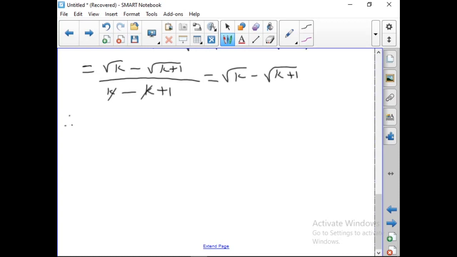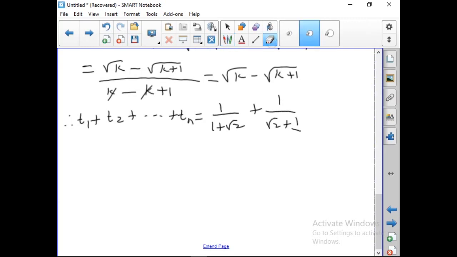So what about T1 plus T2 plus etc. up to Tn? What is it actually? 1 by 1 plus root 2 plus 1 by root 2 plus root 3 plus 1 by root 3 plus root 4 plus etc. So this can be written now.